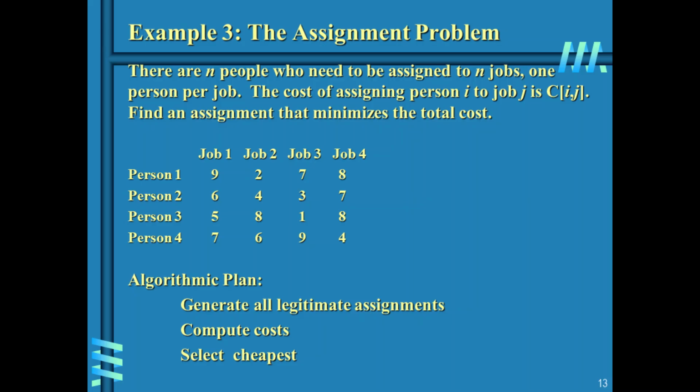So consider this example where there are 4 persons to be assigned 4 different jobs. The task is to assign each person exactly one job in such a way that the total cost is minimized. According to the brute force approach, the number of possible ways is n factorial to find the optimal solution.